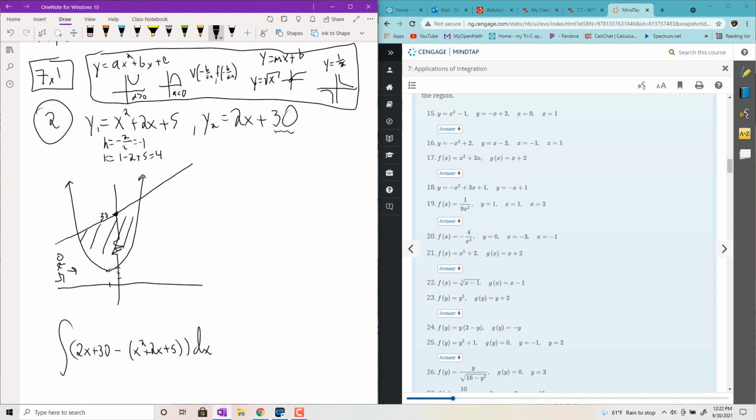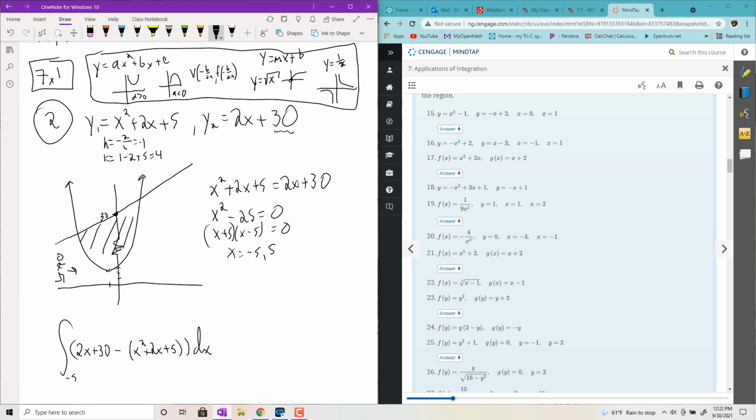I need to find the limits of my integral, so you can find that by setting the two equations equal to each other and solving. So you get x squared minus 25 is 0, so x plus 5, x minus 5 is 0, and then x is negative 5, and 5.